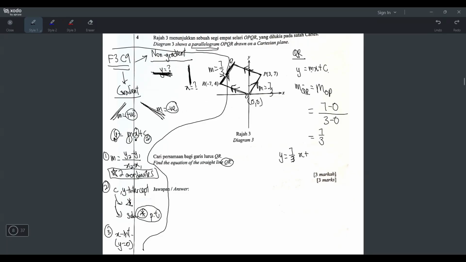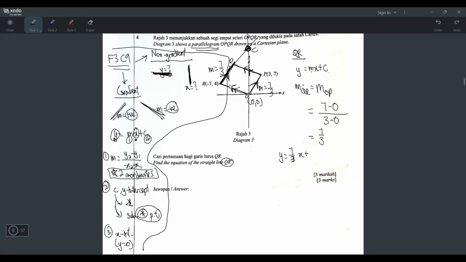Some of you will tell me, hey sir, there's no y-intercept lah, so I have to write 0. Actually there is a y-intercept. You can't see it because you have to extend the line and extend the y-axis, then only you see it, right? So this is the y-intercept. Did they give this y-intercept? They didn't give, right? So we don't know what is the value here.